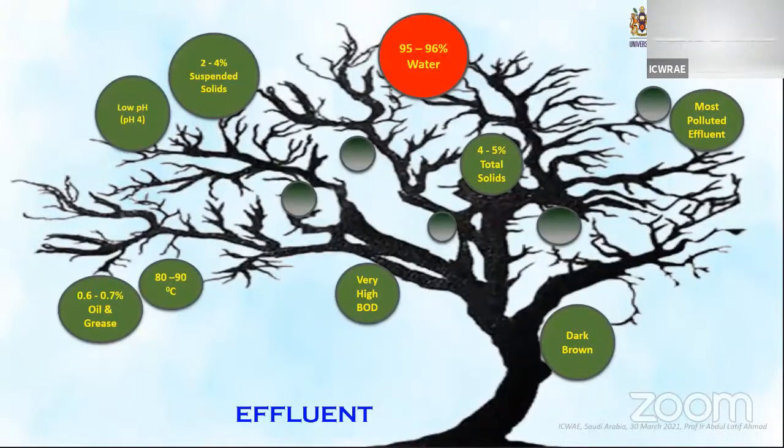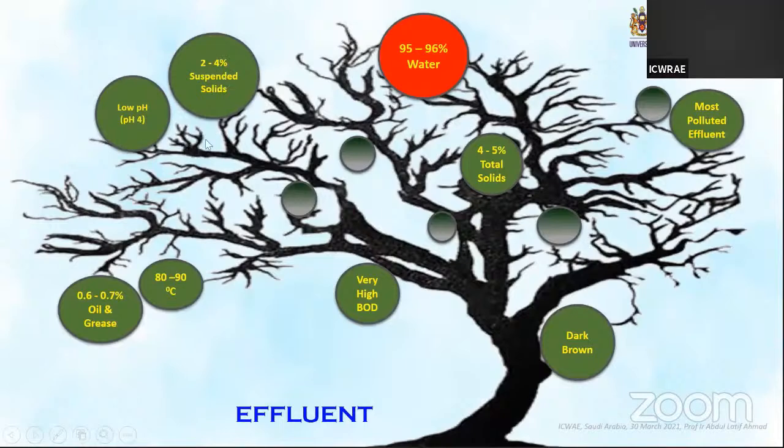If this water is not reclaimed, it will be discharged together with all the other impurities in the effluent, and at the same time will affect our environment. That is the reason why we need to recover this water. The rest is not that critical.